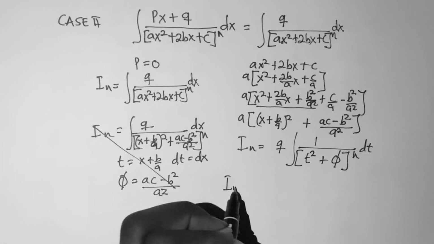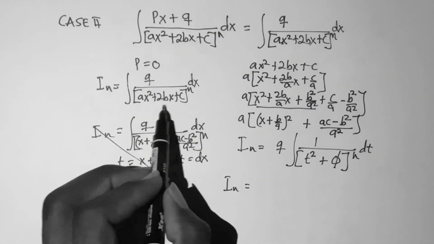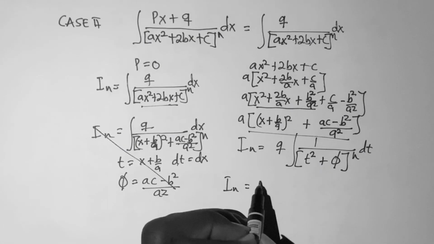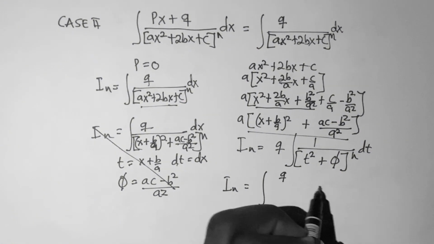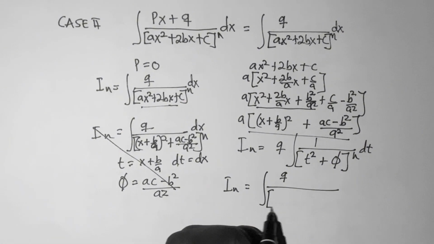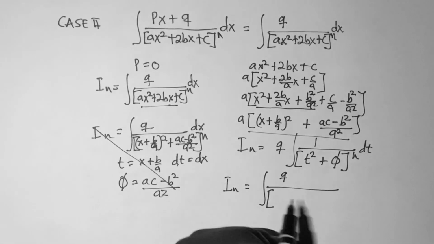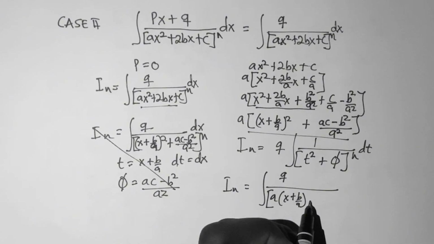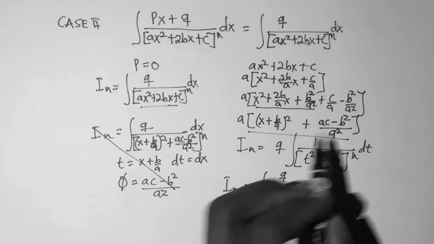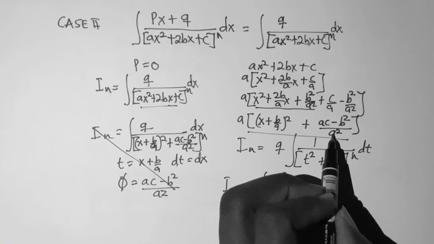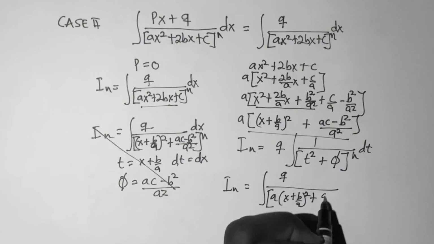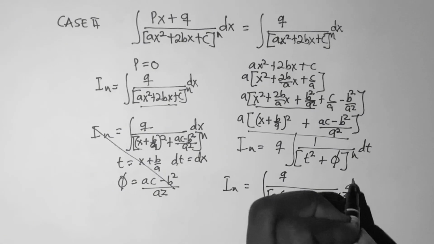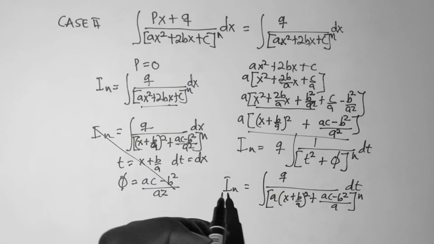So I of n is equal to, now I want to replace all of this by this. This becomes the integral of q divided by (a times (x plus b over a) squared plus (ac minus b squared) over a) all exponent n dx. This a will cancel one of the squares.